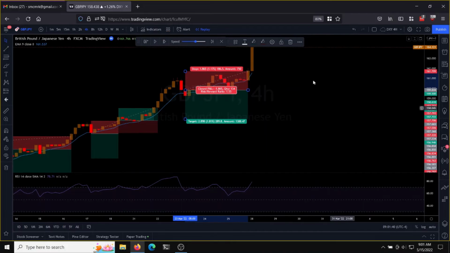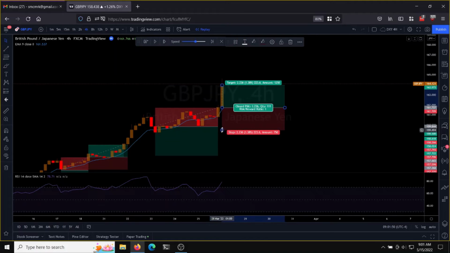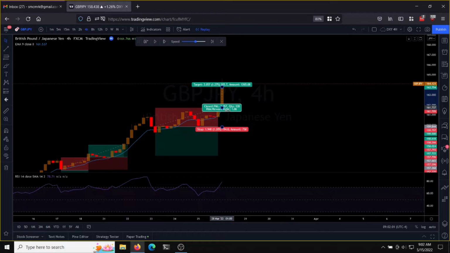We would have gotten our money back right there if we would have had the trade set up, ready to go. All right, so let's set this up and wait for the next setup. I'd like to see another reversal candle. There's some divergence on the 4-hour chart here, and it's oversold.